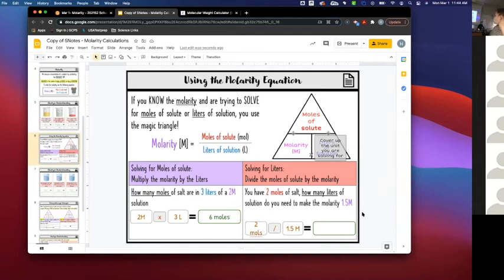Okay. And this one we're solving for liters. So when we type in our answer, which you guys told me, where did my mouse go? There we go. So it's 1.3, and instead of capital M, we're going to do a capital L per liters. That's what we're trying to find. All right.